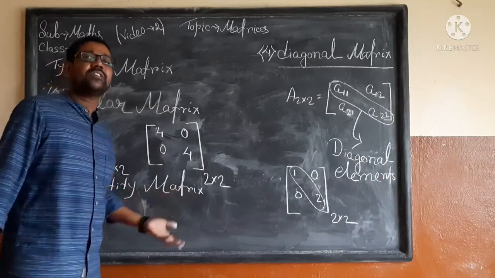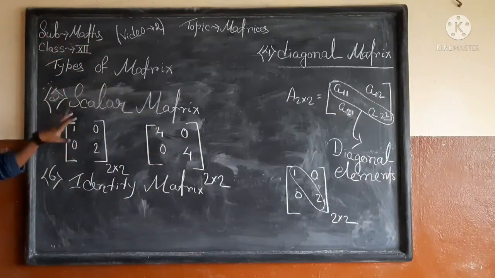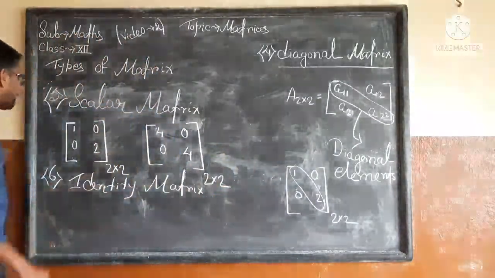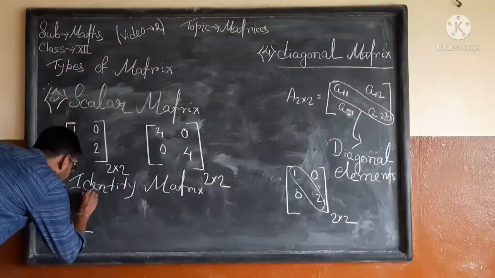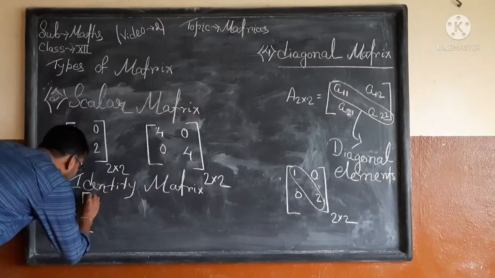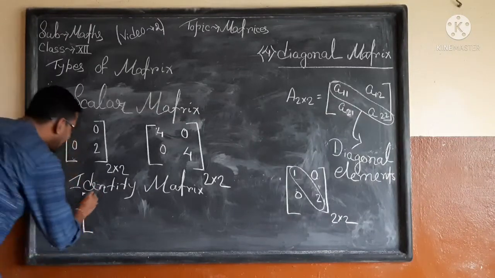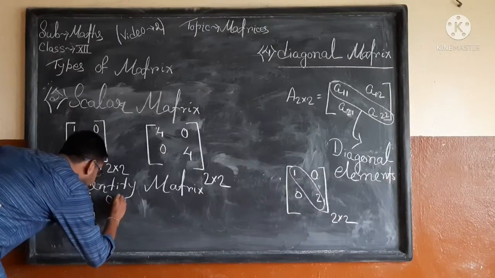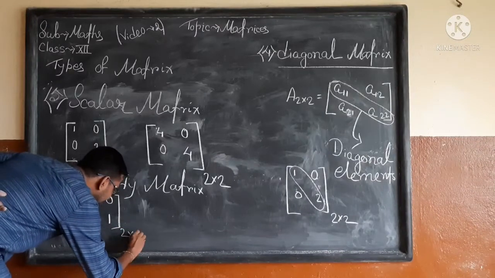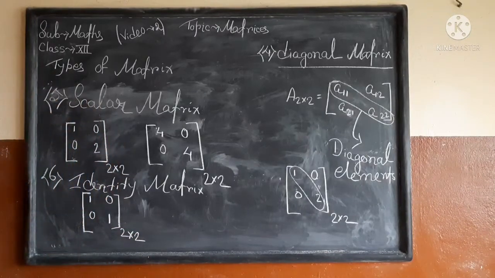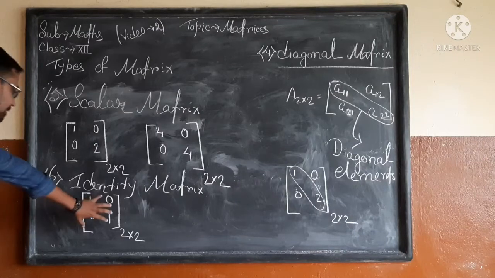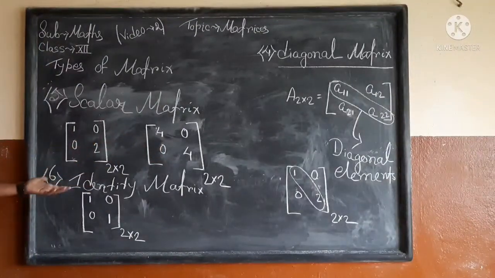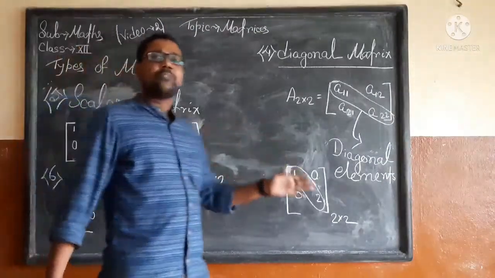This identity matrix also fulfills the criteria for the diagonal matrix as well as the scalar matrix, but it is a special form of the diagonal matrix and also the scalar matrix. This is the example for the identity matrix, and if you compare this matrix with this scalar matrix, both look the same, because the identity matrix is also a diagonal matrix as well as a scalar matrix.